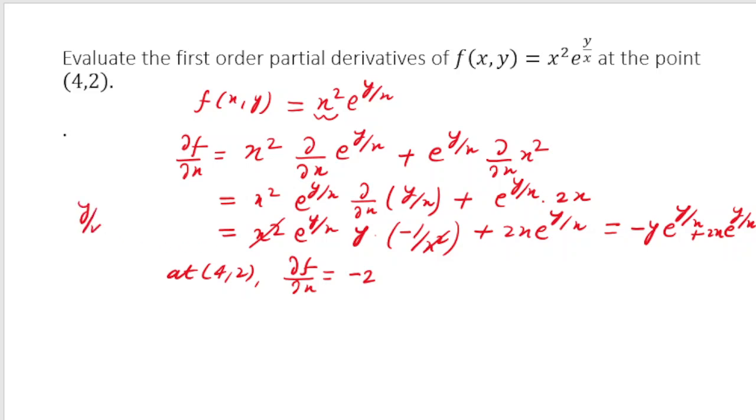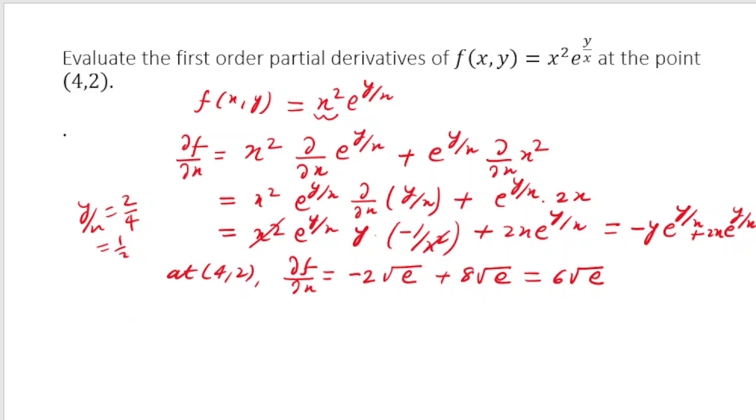So basically what is y by x? Y by x is 2 by 4, so that is 1 by 2. So e to the power 1 by 2 is nothing but under root e, and plus 2 into x. So what is the x value? X value is 4. So 2 into 4 is 8, and under root e. So what I get is 6 under root e. So the value of del f by del x is 6 under root e.